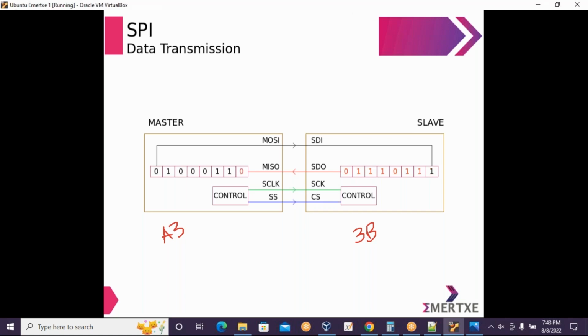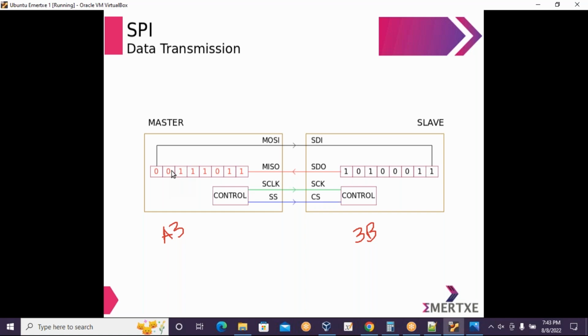This is how the shifting happens for the second time, the third, fourth, fifth, sixth, seventh, and eighth. Now if you can see, 00111011 is in the master, and the slave is having 10100011. So this is how you literally exchange the data between the master and the slave with the help of the shift register.